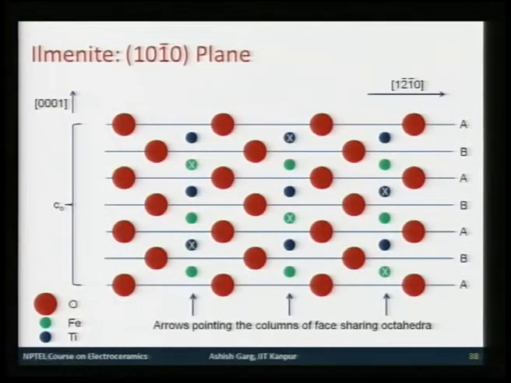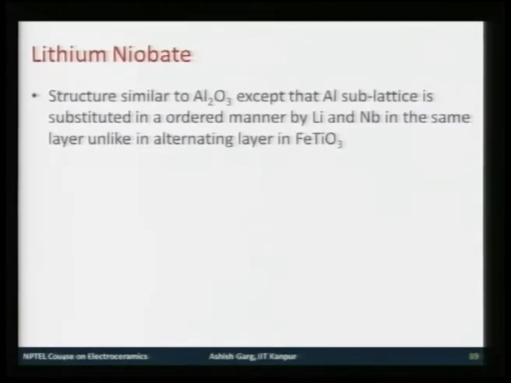So, if we go to the next slide, again the lithium niobate structure is very similar to aluminum oxide. By this I mean that the anion sublattice is the same. So, anions pack in the same manner as they pack in aluminum oxide.